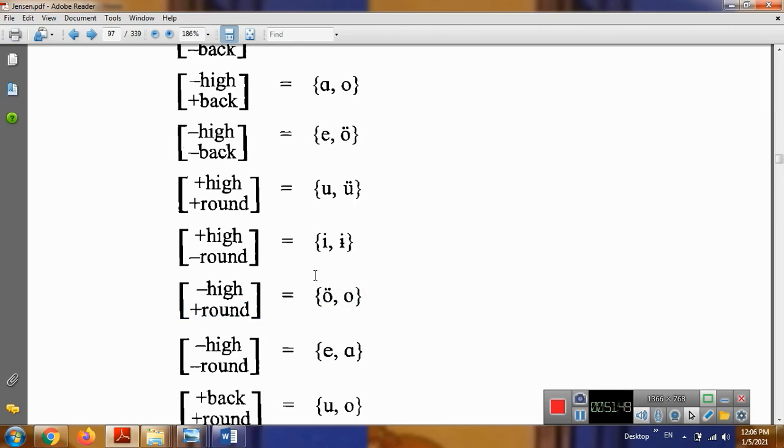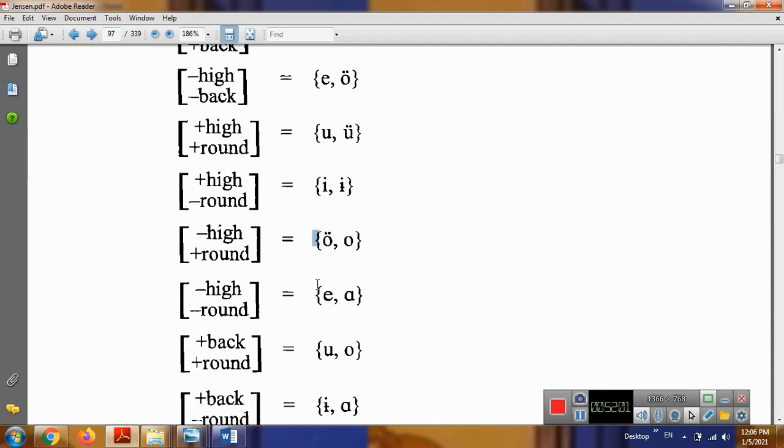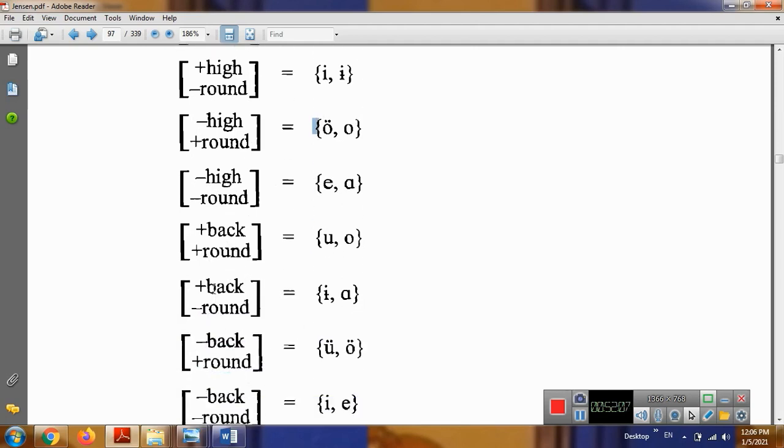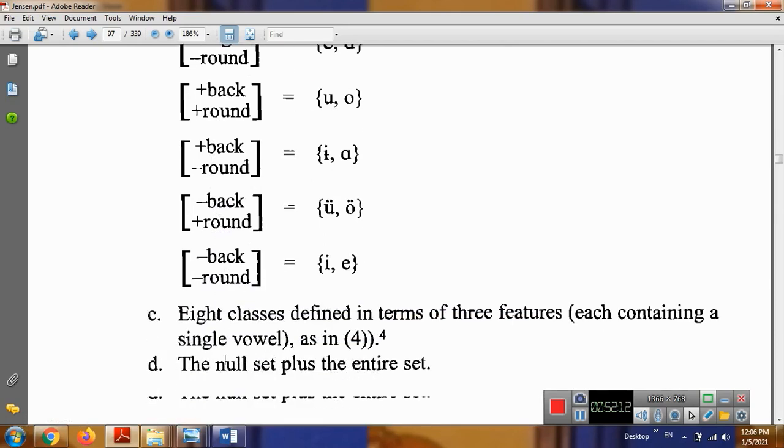Now we show the natural class by such a symbol, curly bracket, not square bracket. A square bracket is for features, but curly brackets are for their examples. Minus high, minus round is A and O. Plus back, plus round is O and O. Plus back, minus round; minus back, plus round; minus back, minus round.